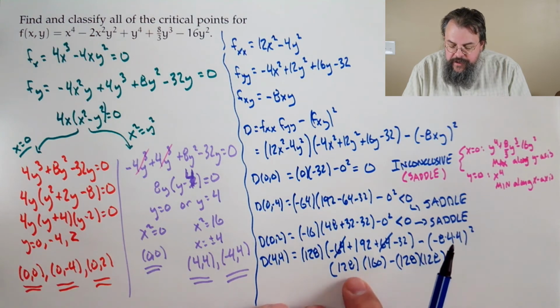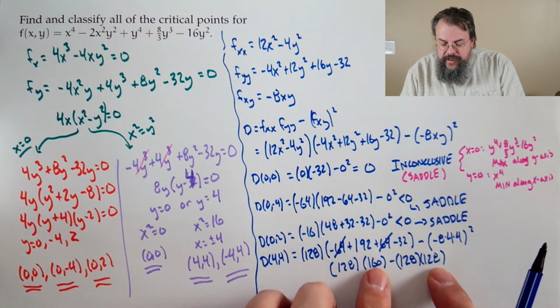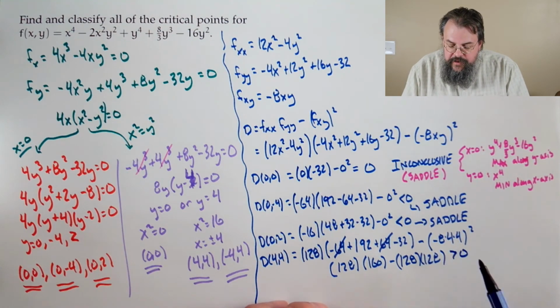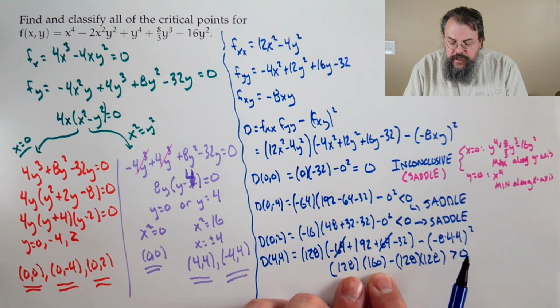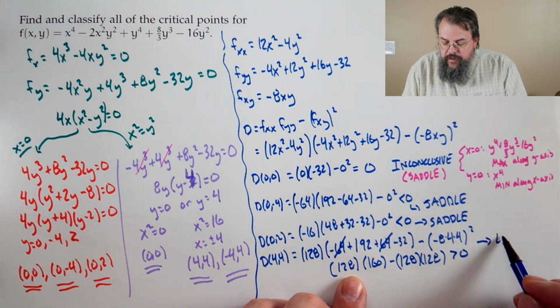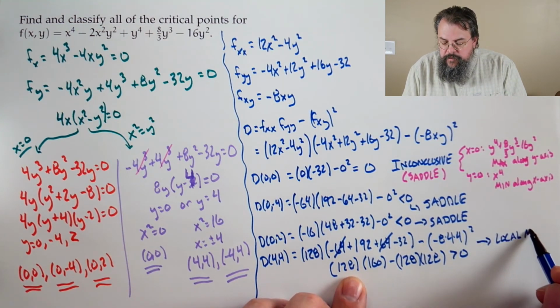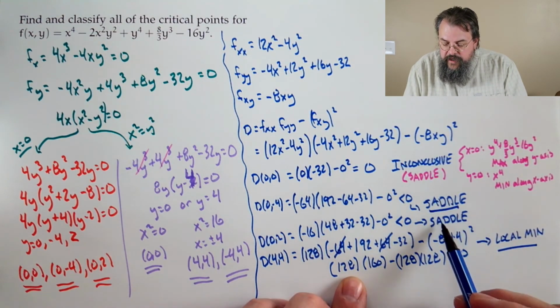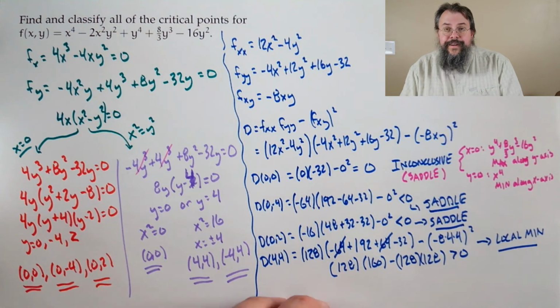And if we compare, because the 128's matched, and the 160 beats 128, this whole thing is positive. And these terms here are both positive, which means that this is a local min. Good. So we've had saddle, saddle, saddle, local min.